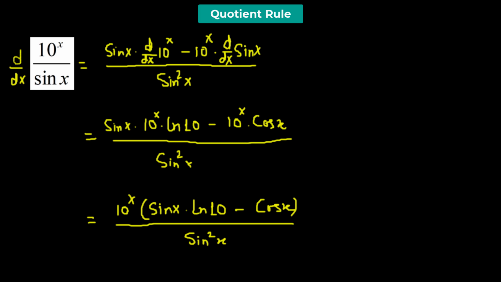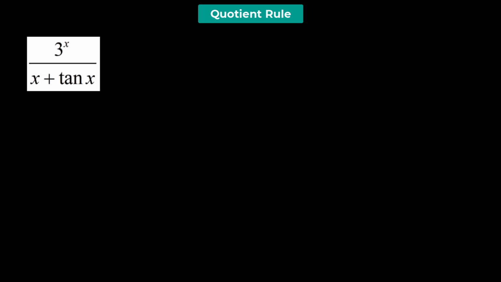Let's move on to the next question. So we have 3 raised to the power of x divided by x plus tangent of x. So let's find the derivative using the quotient rule.